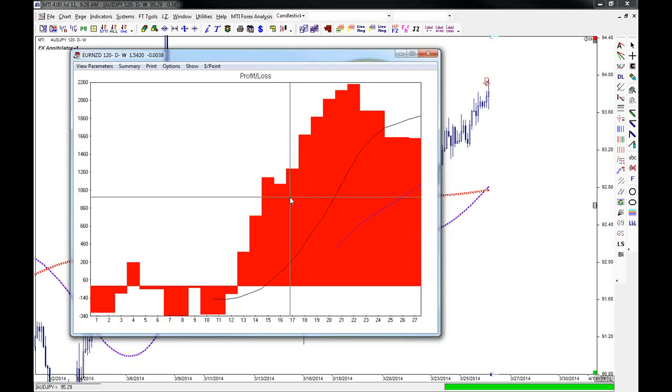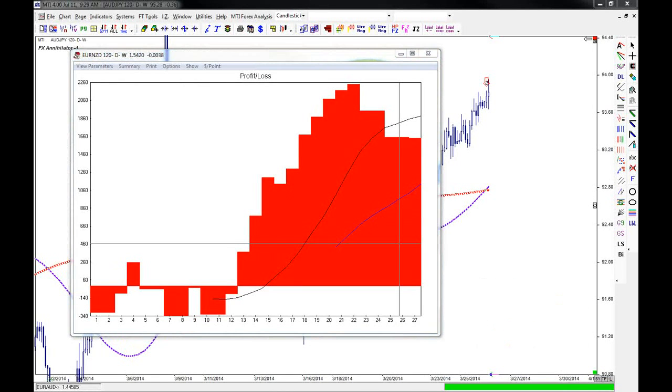This is showing you the wins, okay? That 2,260 right there is basically telling you that you just generated in the last 12 months alone 2,260 pips. Now, that's one currency pair. Let me go ahead and pull up another currency pair here.